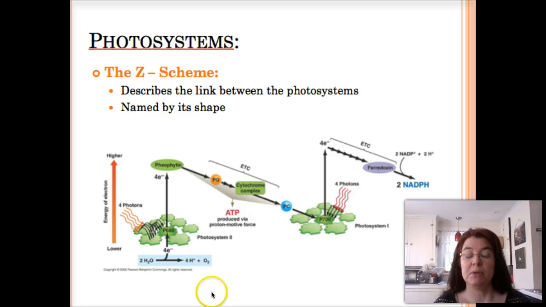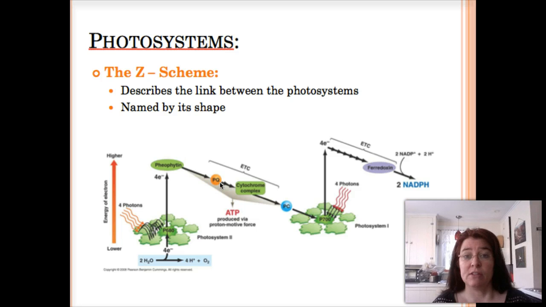So if we follow from the beginning, we can see photons coming in from the sun, getting passed around the antenna complex, and ultimately exciting an electron in the reaction center in order to reduce pheophytin. Pheophytin then donates its electrons into the electron transport chain. They're carried around by a molecule called plastoquinone.